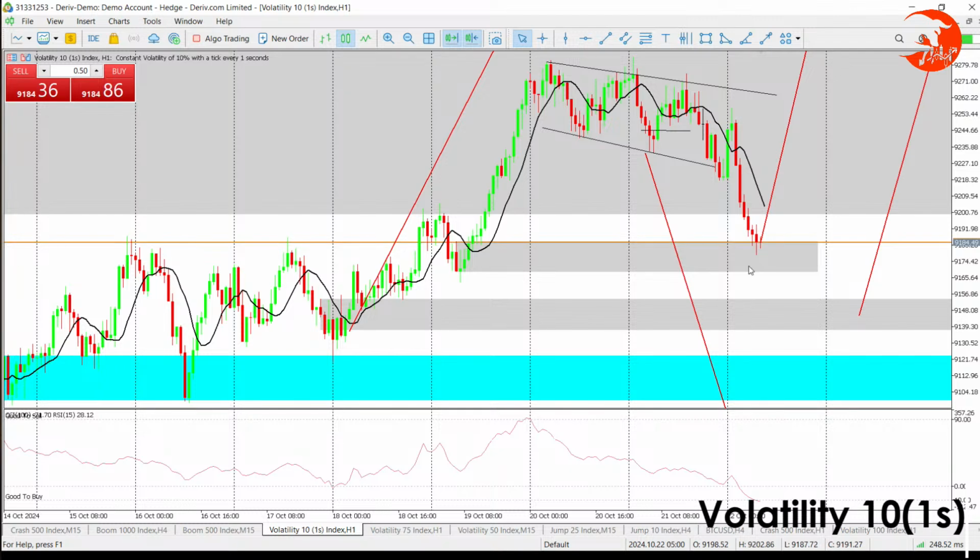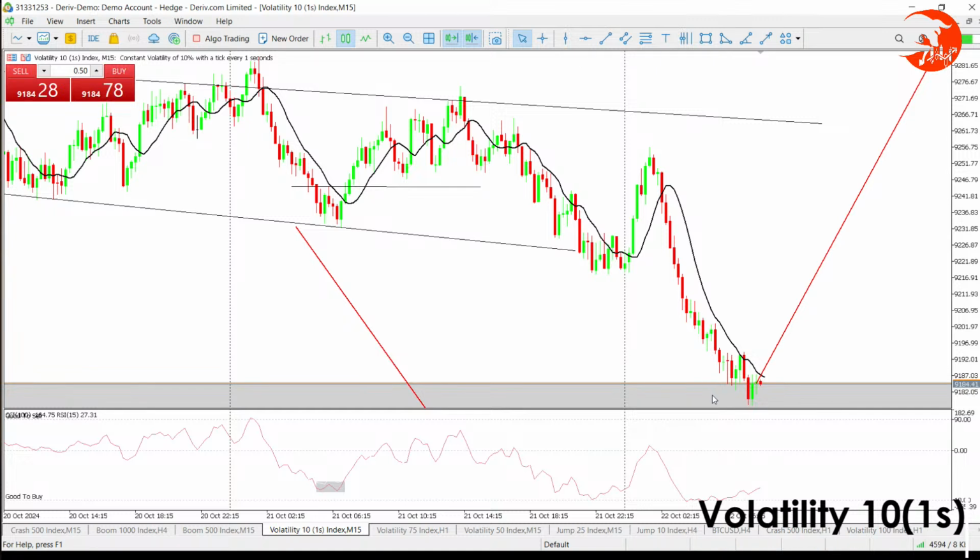But clearly, as we can see here, momentum for the sales is reducing every now and then, and right here we can see that buys on M15 are somehow showing us that they have started, so we can now try to understand it better on M15 and look at where we could probably have our entries, green entries.